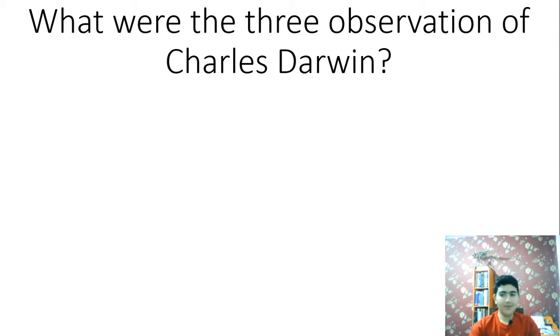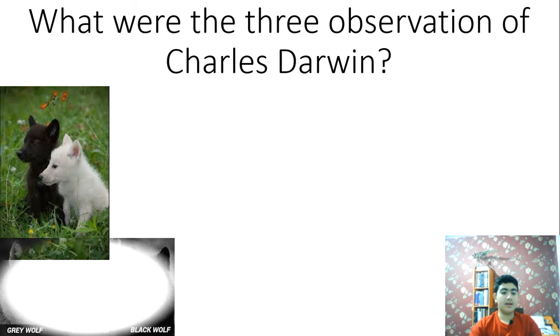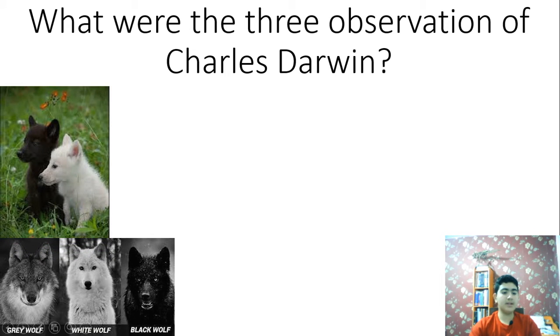He started with three main observations from nature. Number one, individuals in a population vary in their traits, many of which seem to be heritable. Take for example the whiteness or blackness of a wolf, as you can see over here, a black wolf and a white wolf, and this one is a gray wolf.